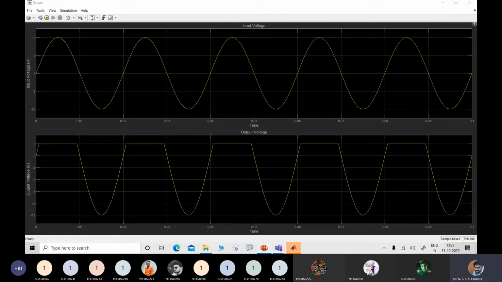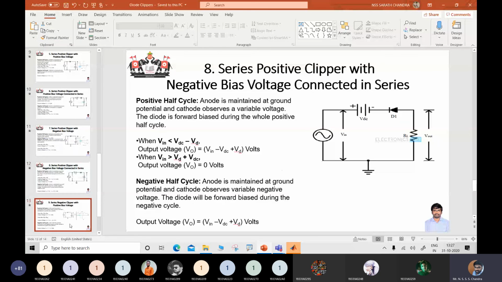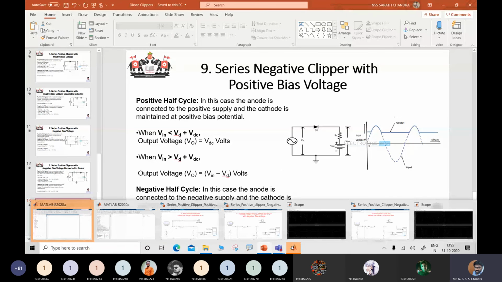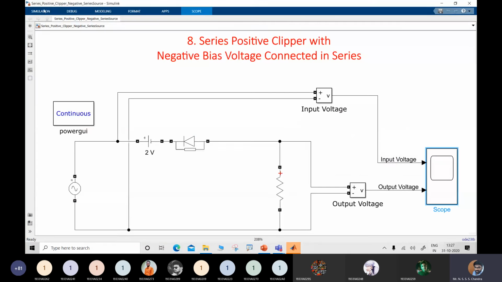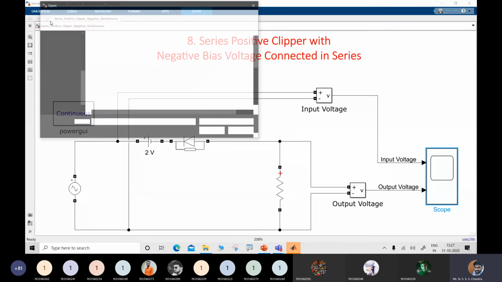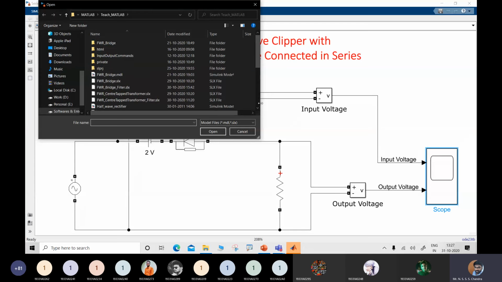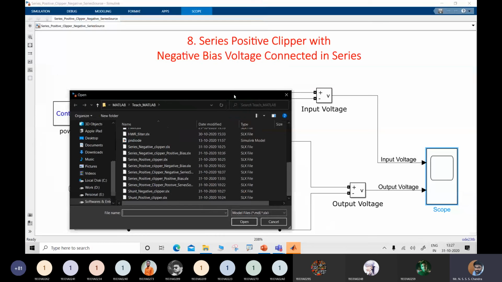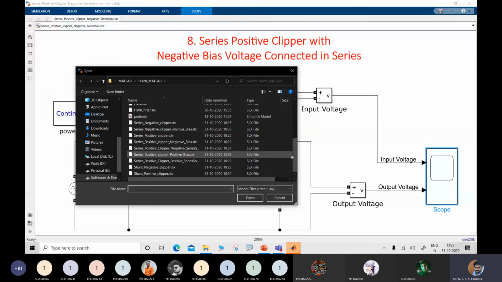The ninth circuit is a simple series negative clipper with positive bias voltage. The previous one was a series positive clipper with negative bias.